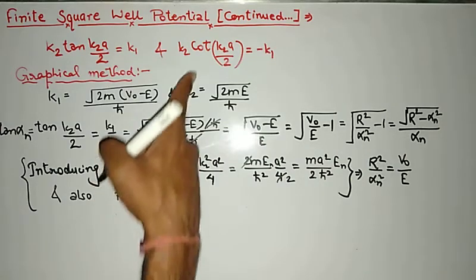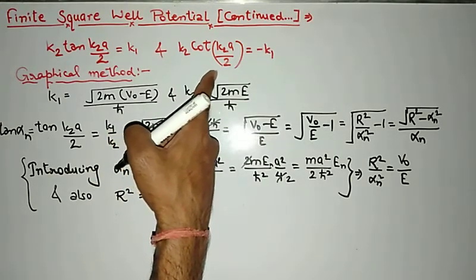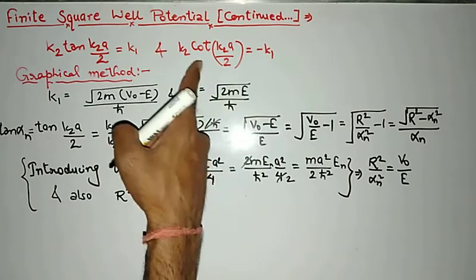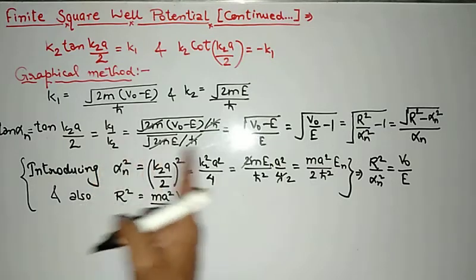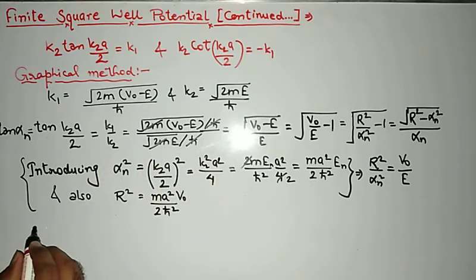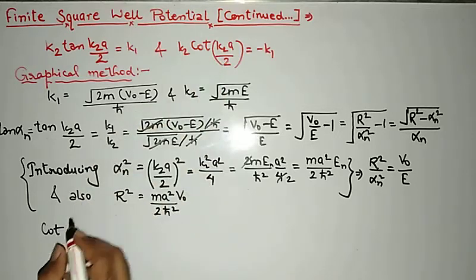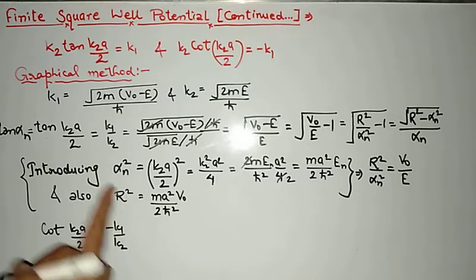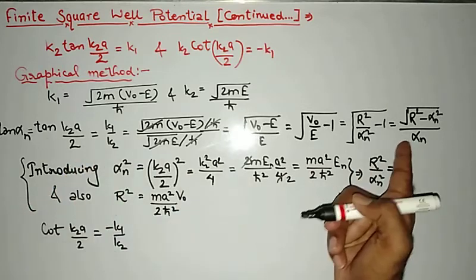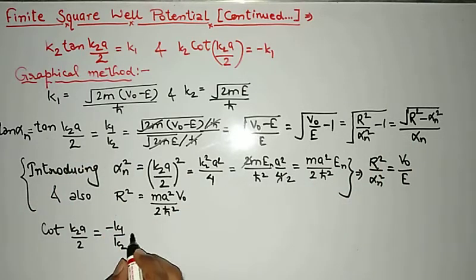Same for cot, this will be minus K1 by K2. So the same process we will do: cot(K2 a by 2) is equal to minus K1 upon K2. So for K1 upon K2 equal to this, there will be only a minus sign, and this will be cot alpha n.